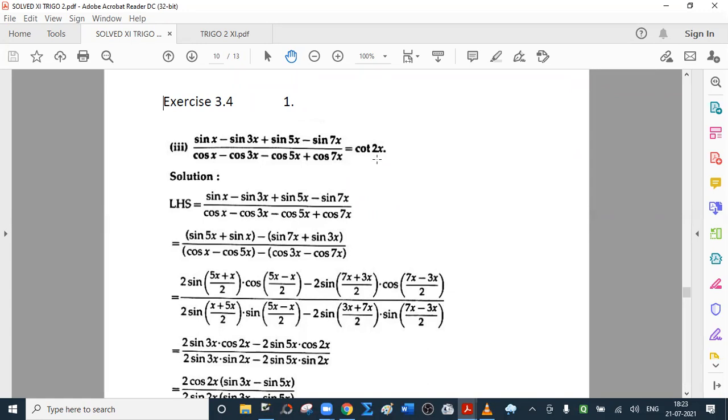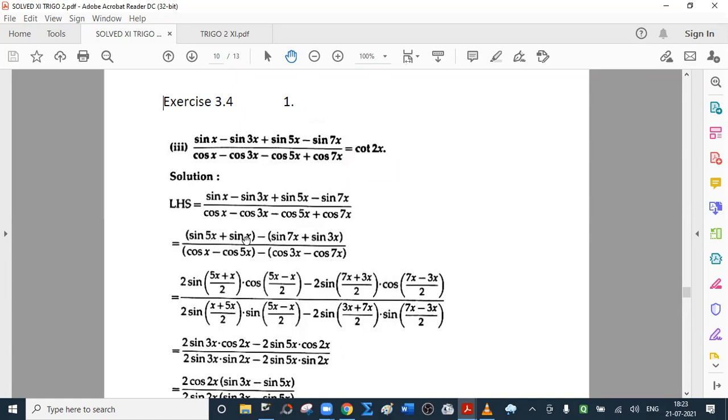So we are interested in getting which angle? 2x. And that is why I have rearranged the terms as sin 5x plus sin x. Take minus sign common to get sin x plus sin 3x, rather sin 7x plus sin 3x. In the denominator, cos x minus cos 5x minus, in bracket, cos 3x minus cos 7x.